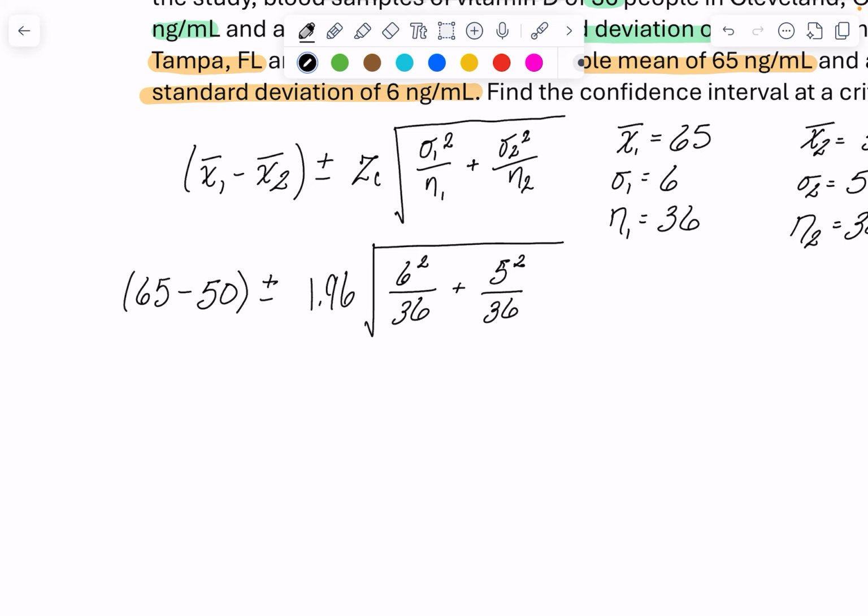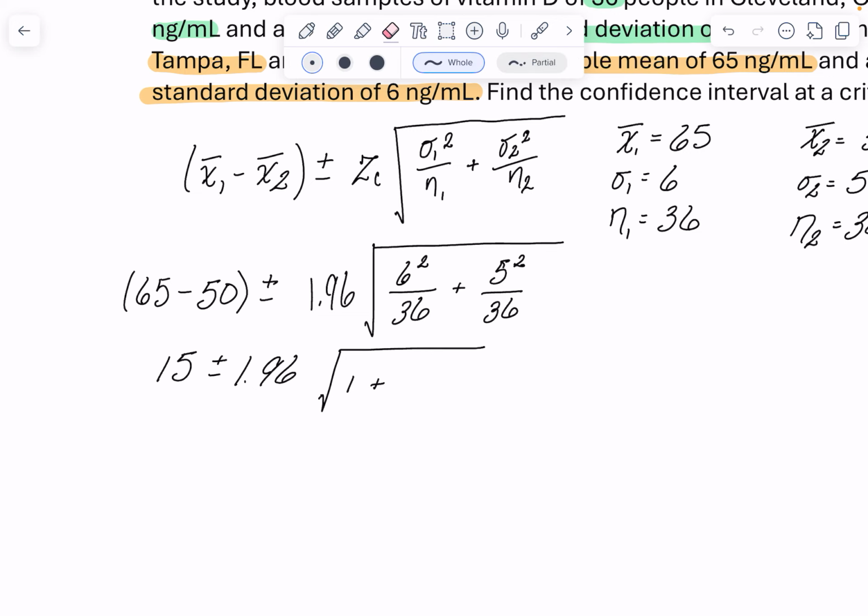Let's take care of everything underneath the radical as well as everything in our parentheses on the left. So 65 minus 50, we get 15, plus or minus 1.96 multiplied by the square root of that huge mess there. 6 squared gets you 36, so we have 1, plus 25, which is 5 squared, over 36.